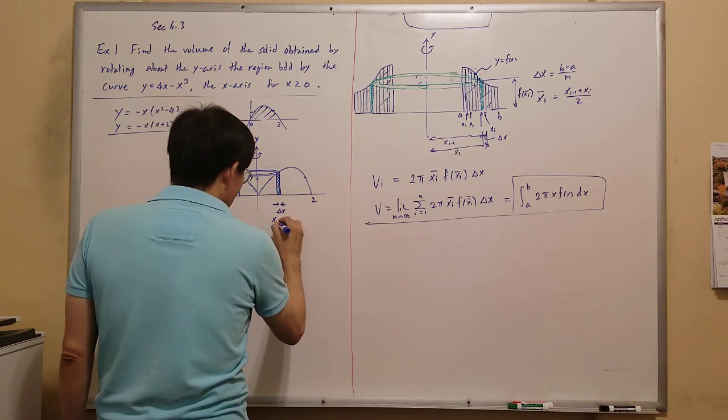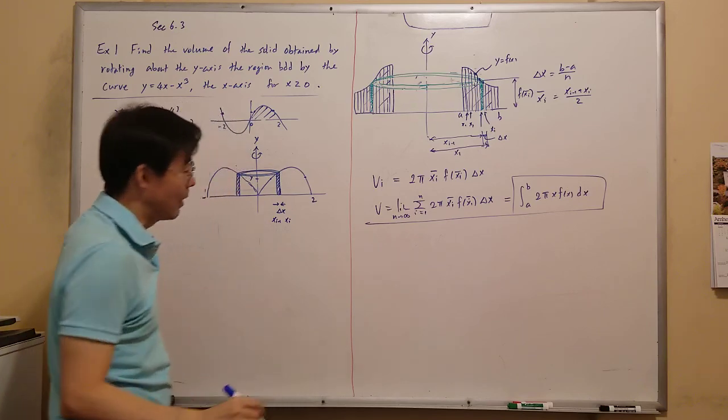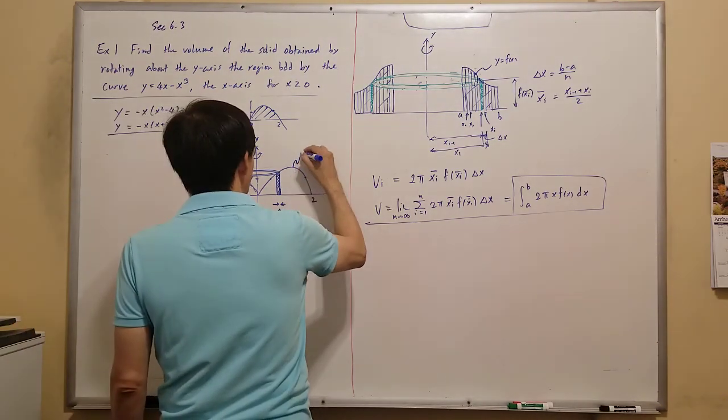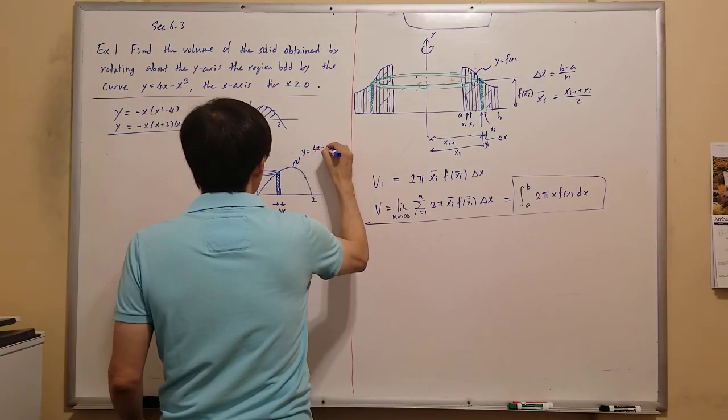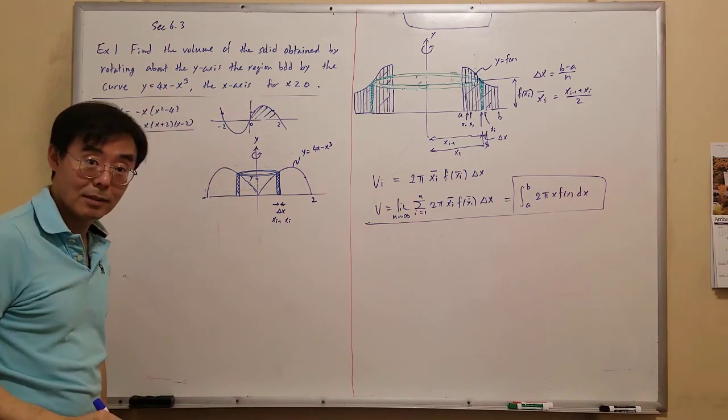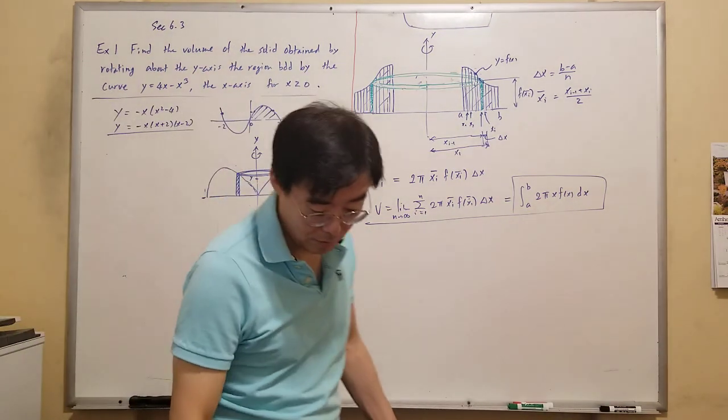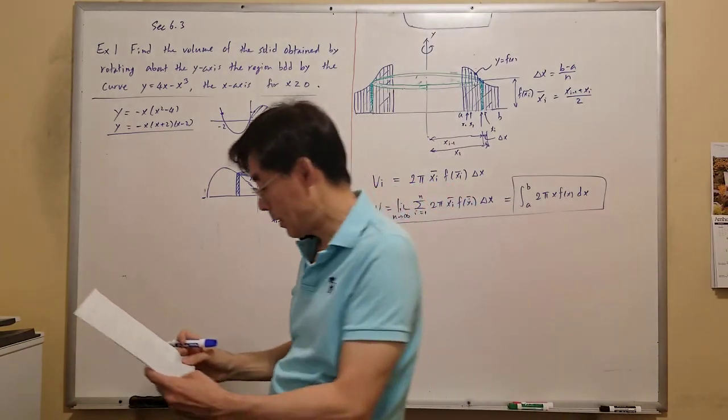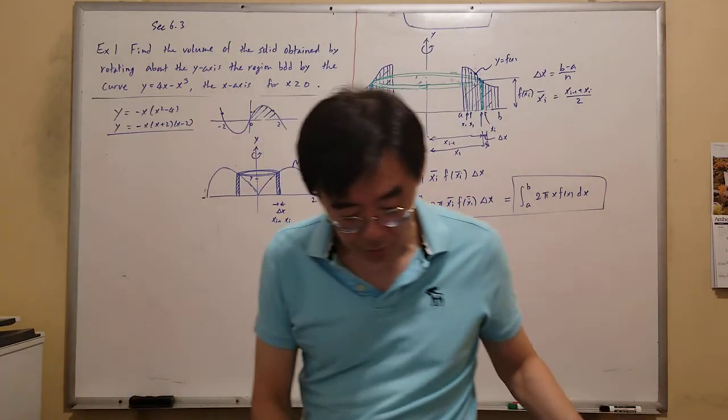And this is x_i minus 1 and x_i, right? This is the function y equals 4x minus x cubed. Okay? So we'll do what?